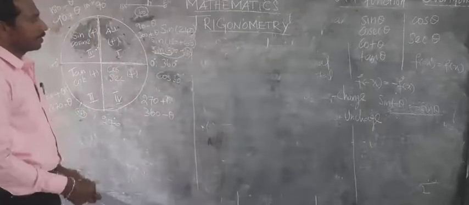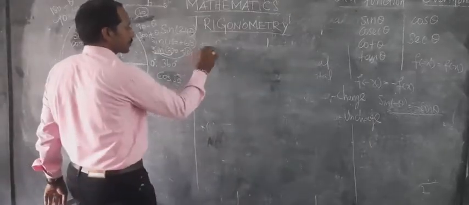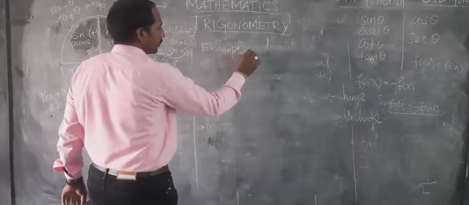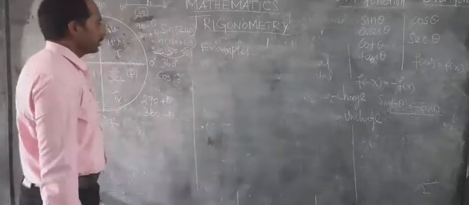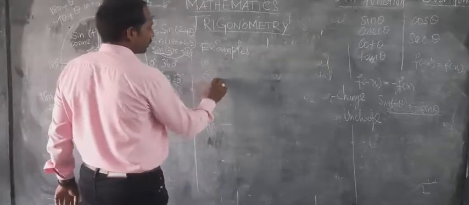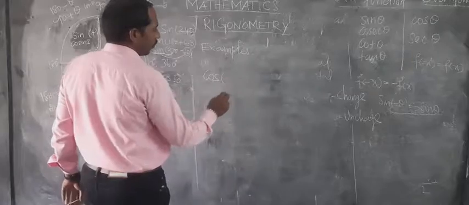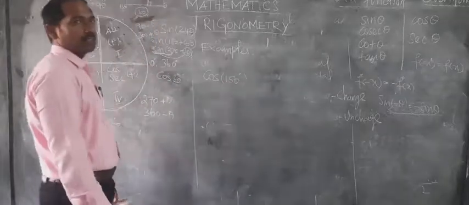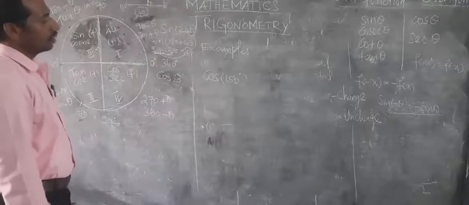So now I teach you the example. Whatever you can find, for example, cos 150 degrees. What is the value? I want to find cos 150 degrees.